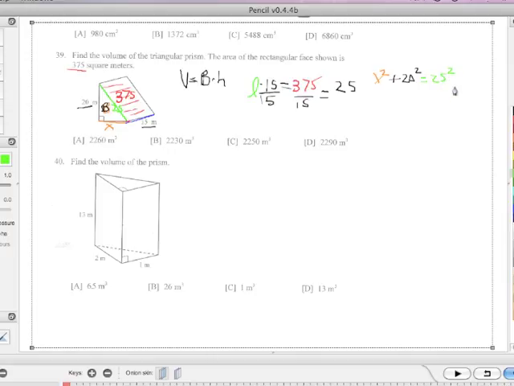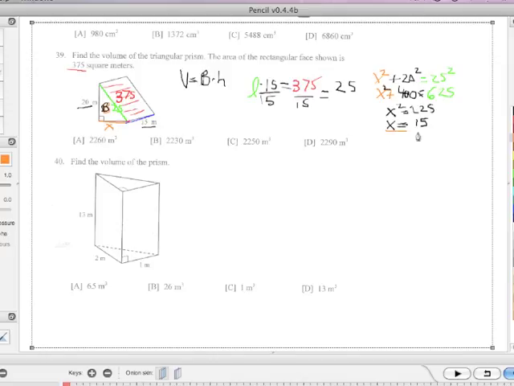Don't skip any steps here, because you could definitely go wrong if you combine these wrong. x squared plus 400, that's 20 squared, equals 625. So x squared is equal to 225. So x has got to equal the square root of 225, which is 15.